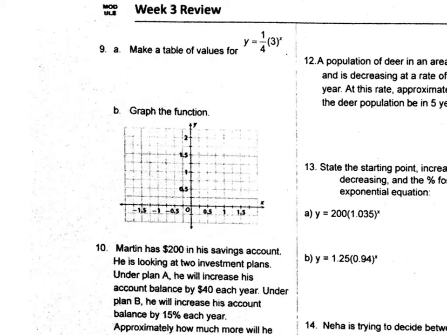All right, this last page. On question 9, it says make a table of values. Now, you don't have to necessarily make that table by hand, but even if you use your calculator, I would like to see the table that you're actually making. So remember, this means that you're going to start at 1/4. Moving forward, or to the right rather, is always multiplication.